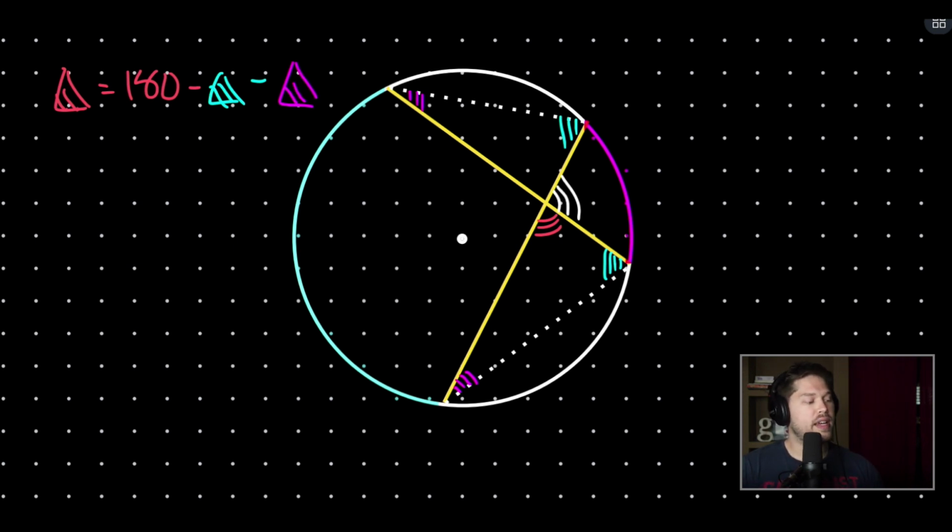And my white angle is equal to 180 degrees minus my red angle. But my red angle is 180 minus my blue minus my purple.